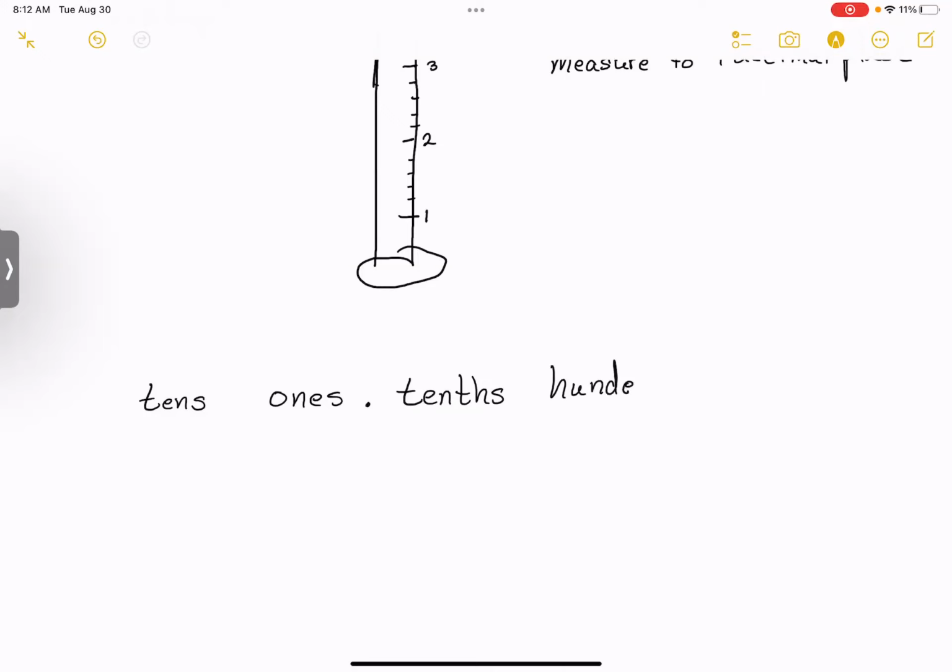And yes, there is a line for every one's place. And then we asked ourselves, is there a line associated with every 10th place? Meaning, was there a line at 0.1, a line at 0.2, a line at 0.3? And we found out that no, there was no line at 0.1 or 0.3 or 0.5.